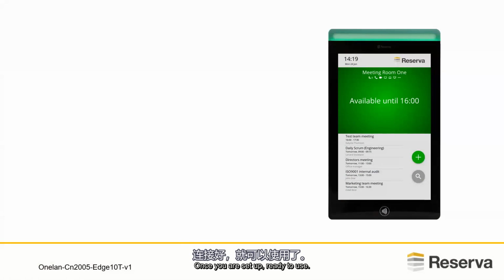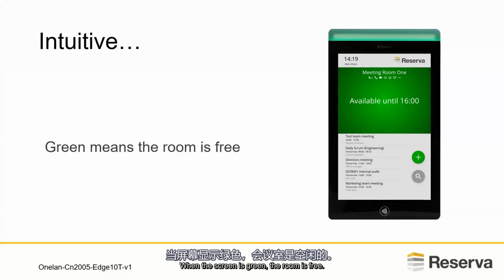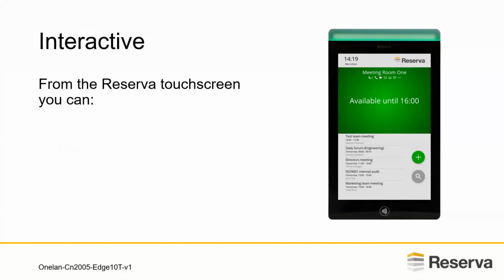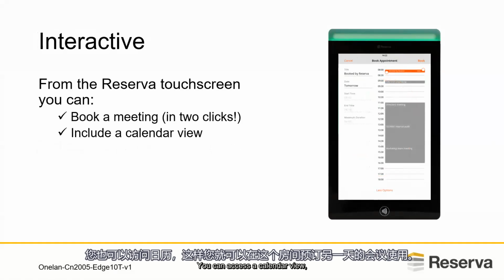Once you are set up, ready to use. Very intuitive. When the screen is green, the room is free. When the screen is red, occupied. On the screen itself, you can book a meeting in that room. You can access a calendar view, so you can book a meeting in that room, not for today, but for later.